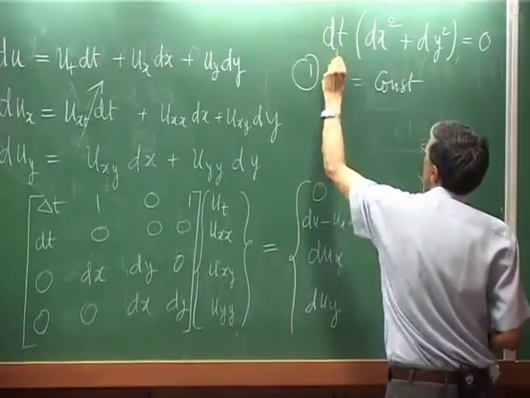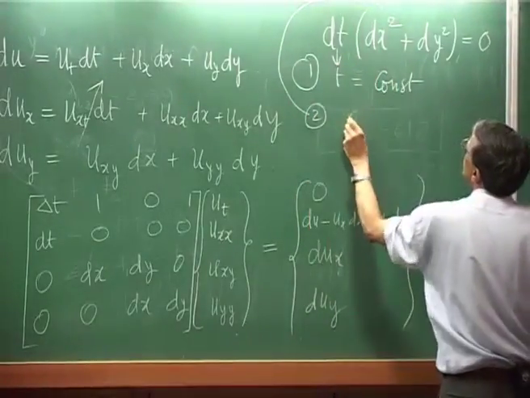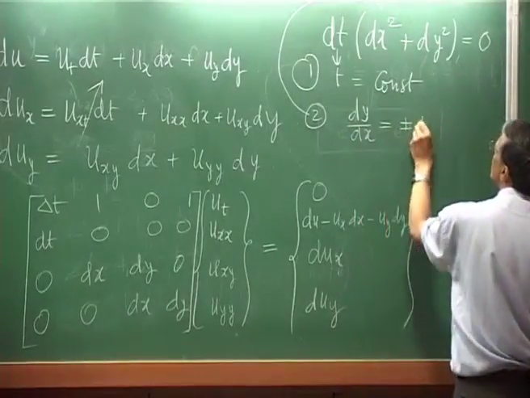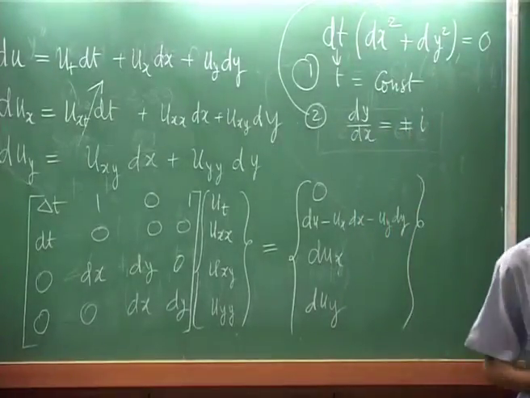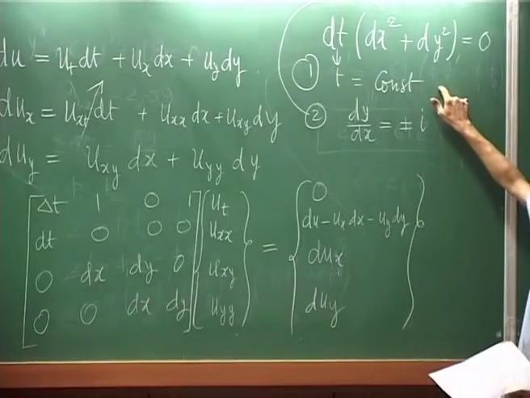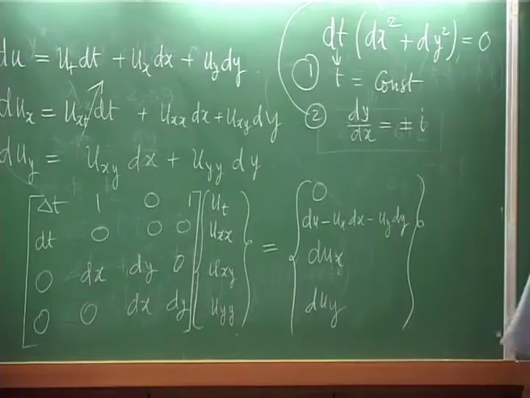This comes from here, and this one gives you the other. So, what does it mean? It means that it is parabolic in time, elliptic in space. So, that is the answer.